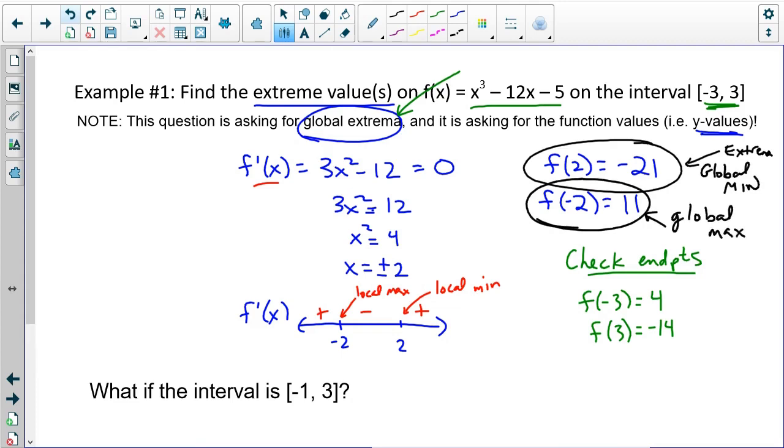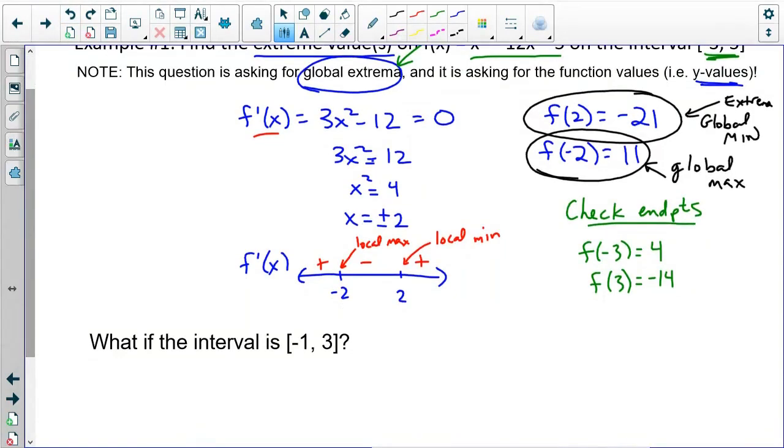The reason I know that is -21 is the smallest of the small, and 11 is the biggest of the big. And so those would be my global min and max values, and this would be what I would report. F of 2 equals -21 is the absolute minimum. F of -2 equals 11 is the absolute maximum.